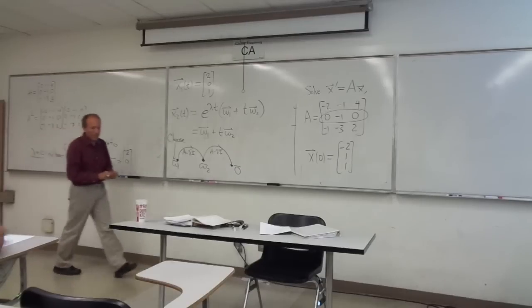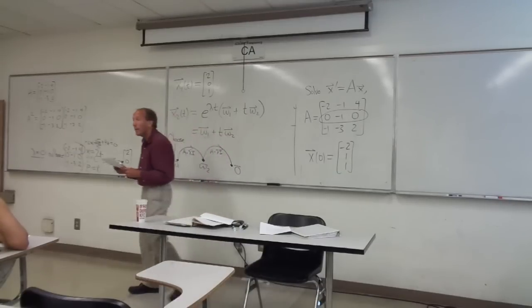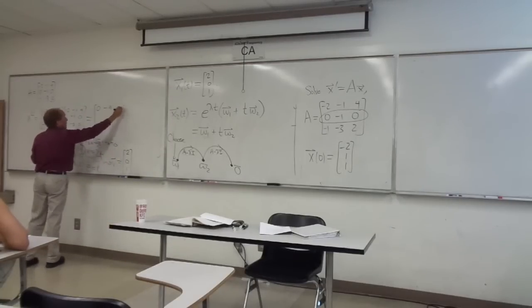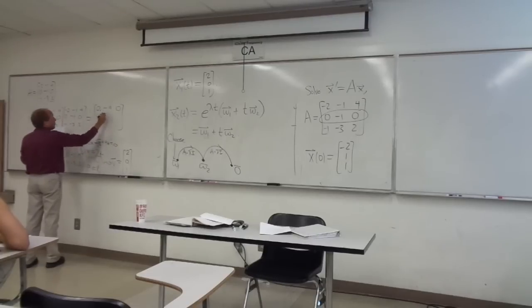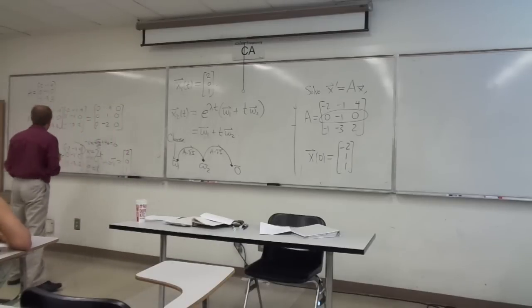This is a 3 by 3, and I have to square it. I'm just going to do it quickly so we don't spend a lot of time on this. What you get is 0, -9, 0, 0, 1, 0, and 0, -2, 0. Okay, so that's what we end up with.